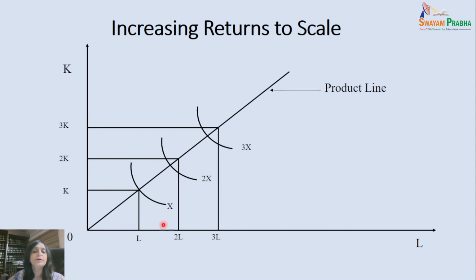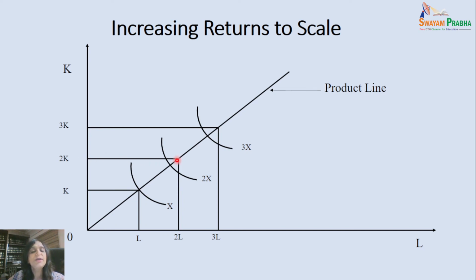Now what is happening with 2x? Let us see here. Now you are doubling your input, labor and capital. So from L, you will go to 2L. From K, you go to 2K.